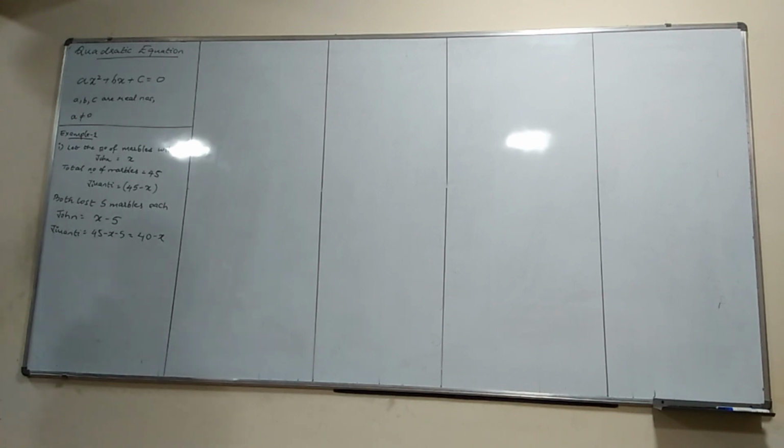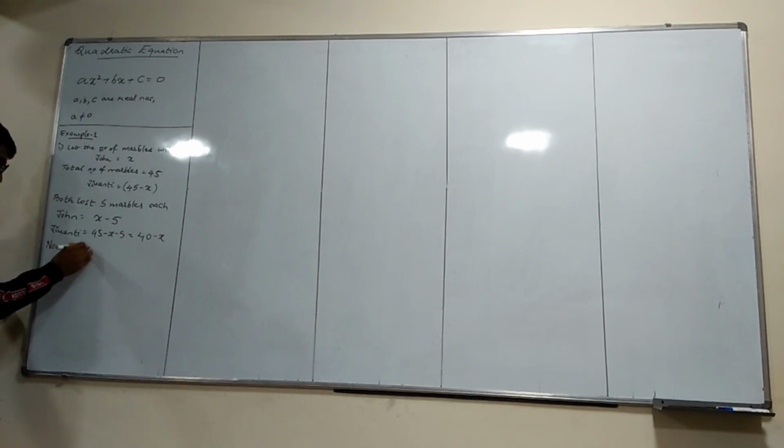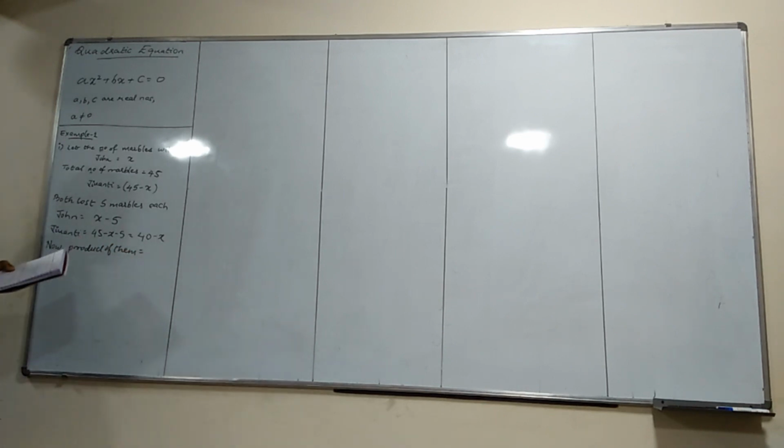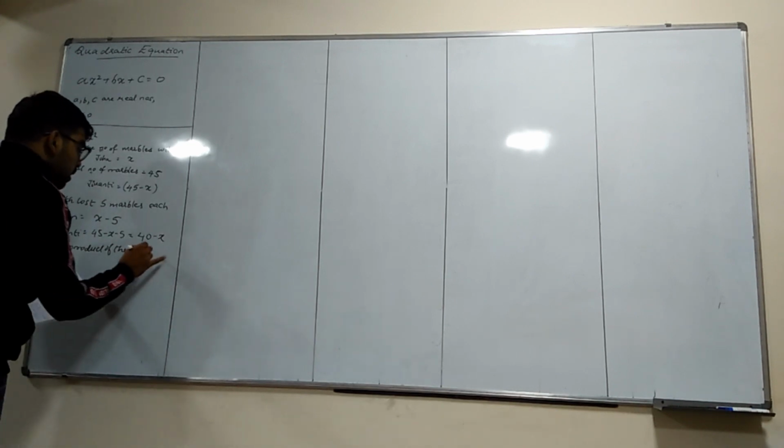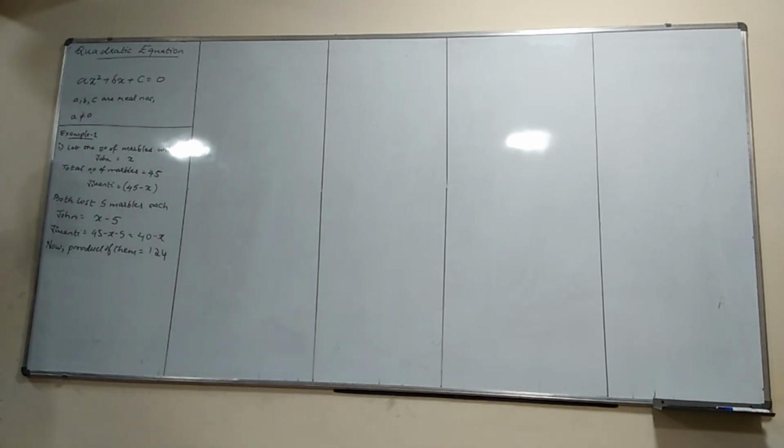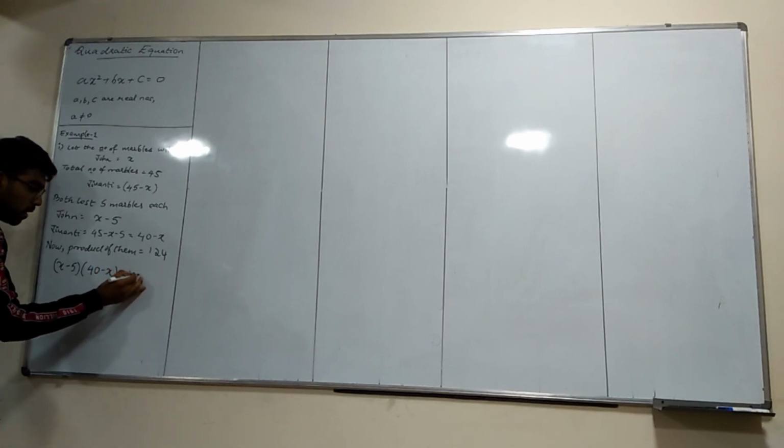Now, the product of them is 124. That means x minus 5 into 40 minus x is equal to 124.